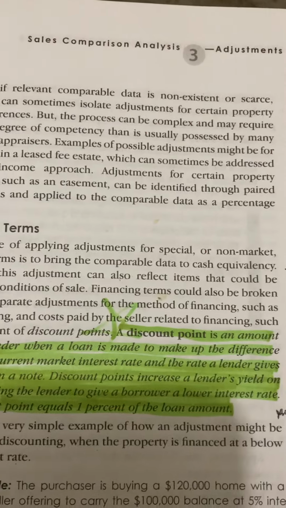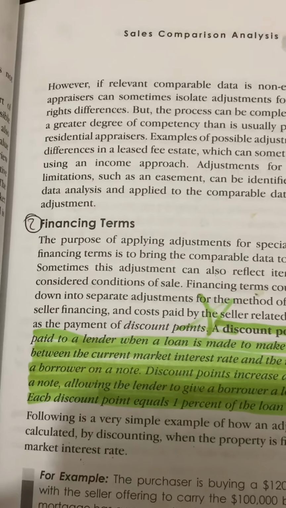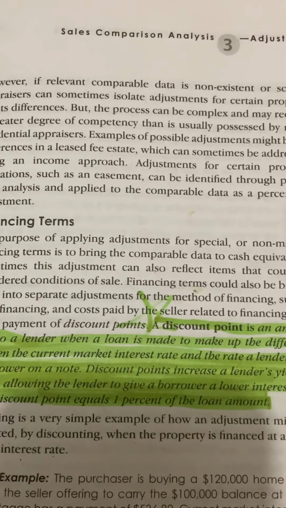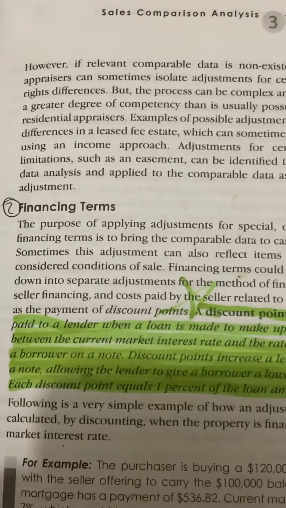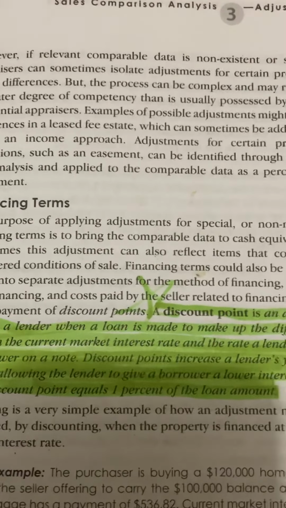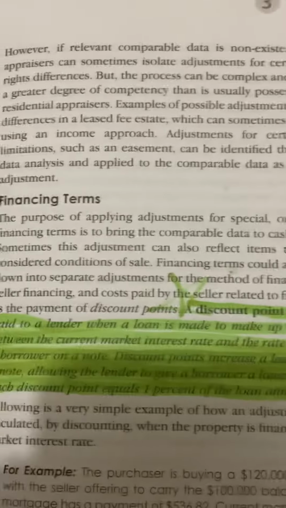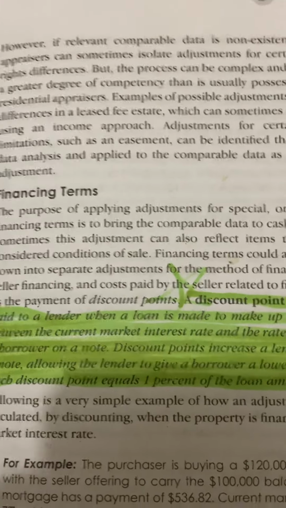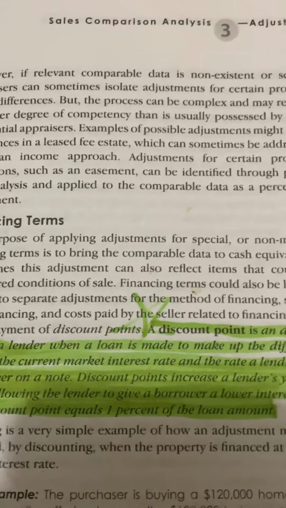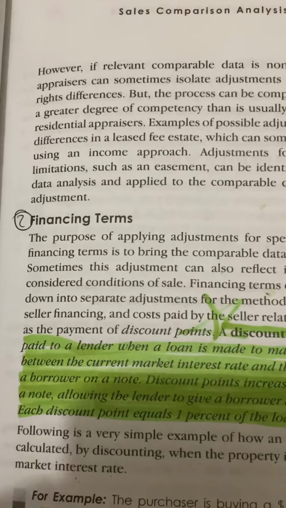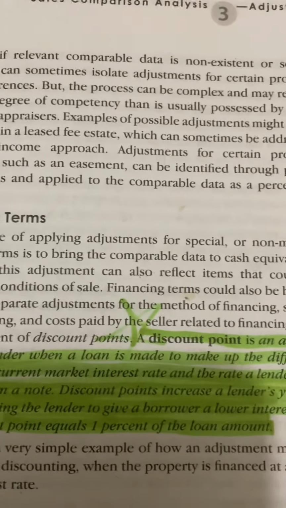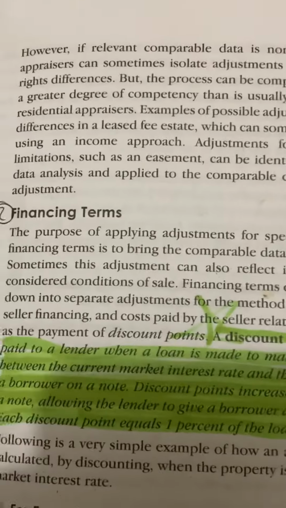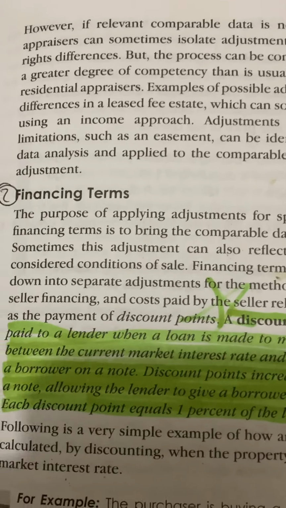Examples of possible adjustments might be for differences in a leased fee estate, which can sometimes be addressed using an income approach. Adjustments for certain property limitations, such as an easement, can be identified through paired data analysis and applied to the comparable data as a percentage adjustment.